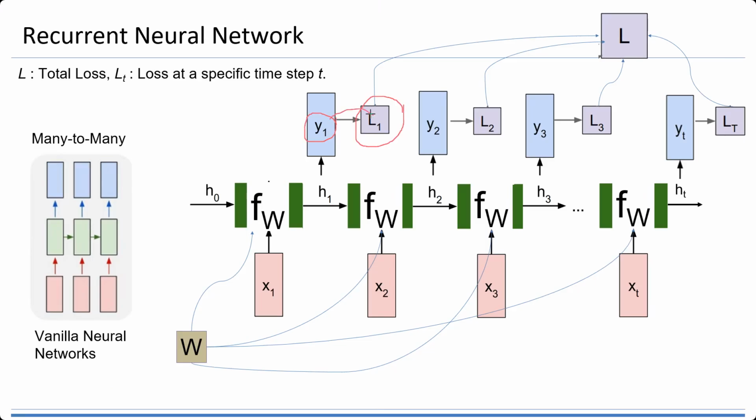If they are the same, then there is no loss. If they are not the same, then there is a particular loss. So we can calculate L1, the loss from the prediction at Y1. We can also calculate the loss at time step 2, which is the loss from Y2, and so on. Then we can combine everything into big L, the total loss. So L_t means the loss at a specific time step.